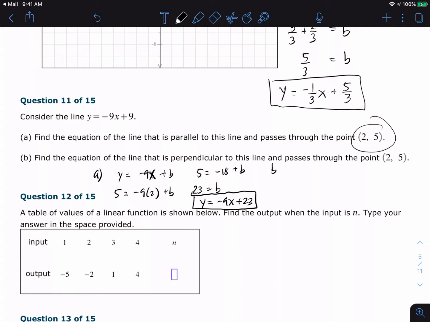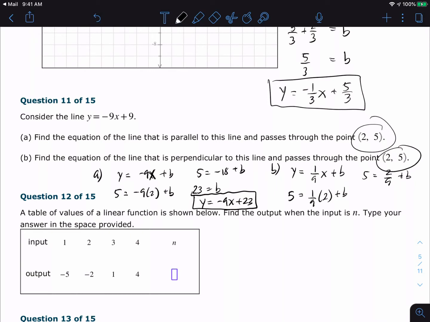For part B, we want perpendicular. And perpendicular means it's the opposite reciprocal. So then that's going to give me y is equal to 1/9 x plus b. And again, we're using the same point. And so that's going to give me 5 is equal to 2/9 plus b.